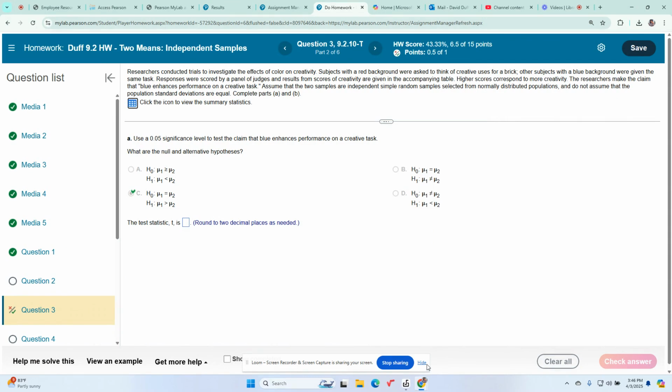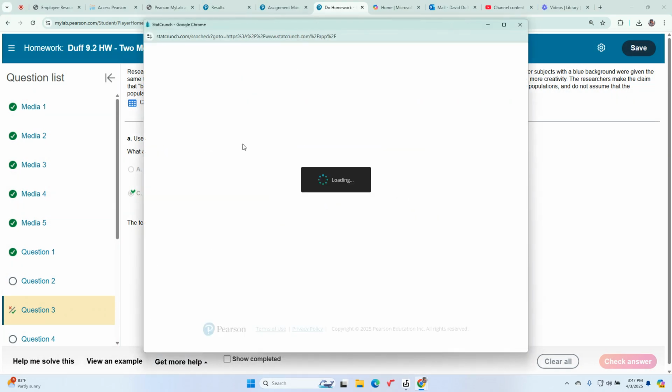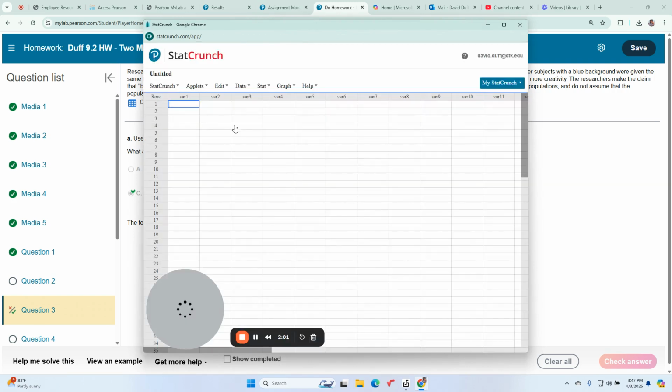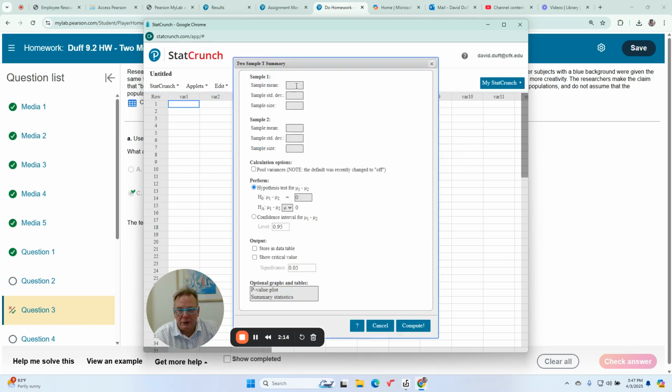Okay, so how do we find the test statistic? We're going to open up StatCrunch, and we're going to go to Stat, and then T Stats. Now we're not doing proportions, now we're doing means. Then we're going to go to Two Sample, and then With Summary. So all that information that I wrote down, I need to enter.